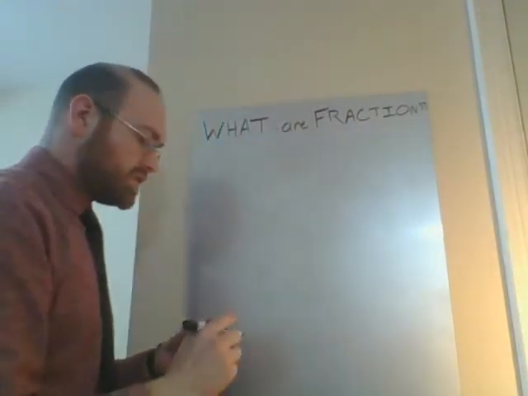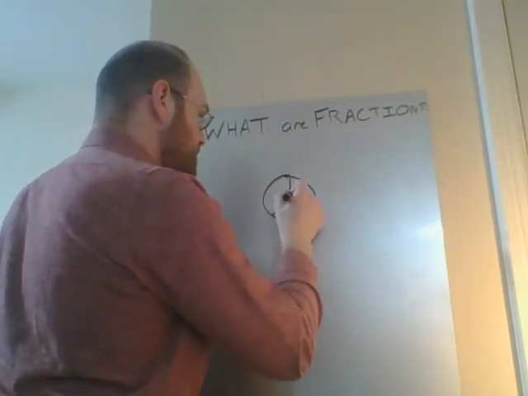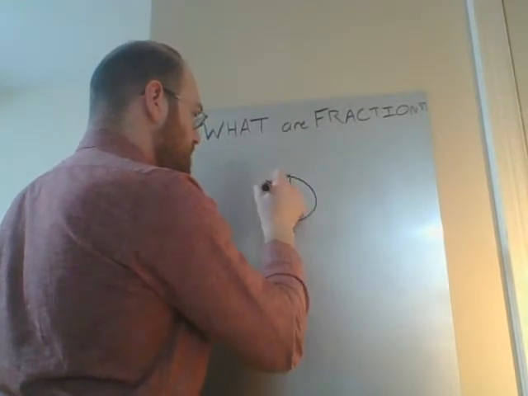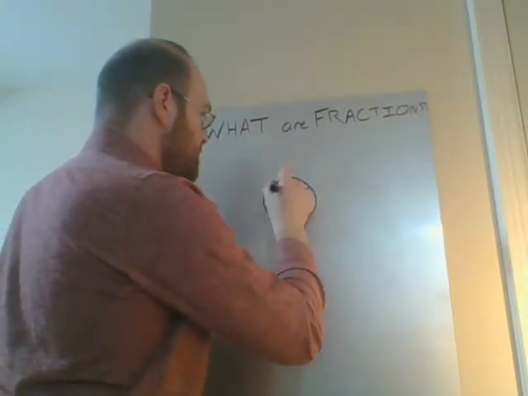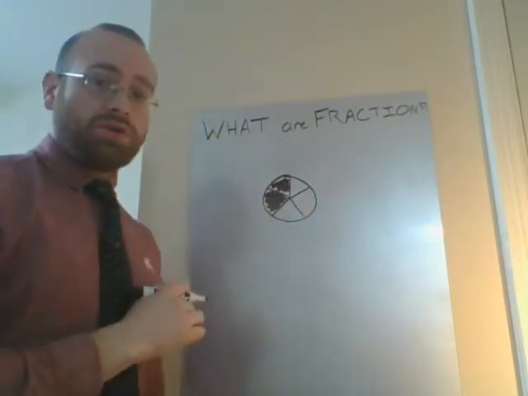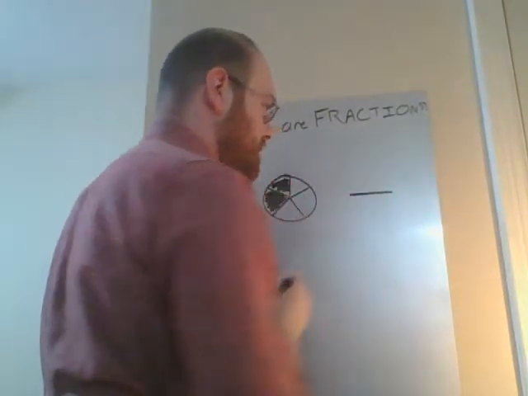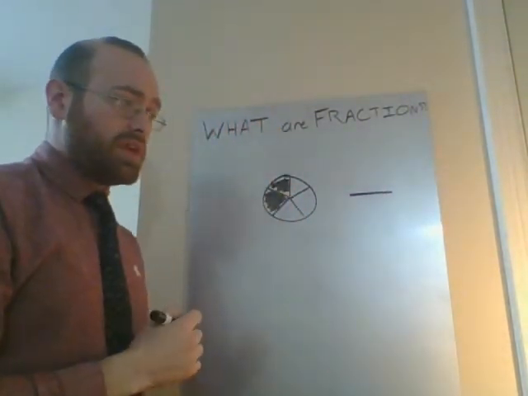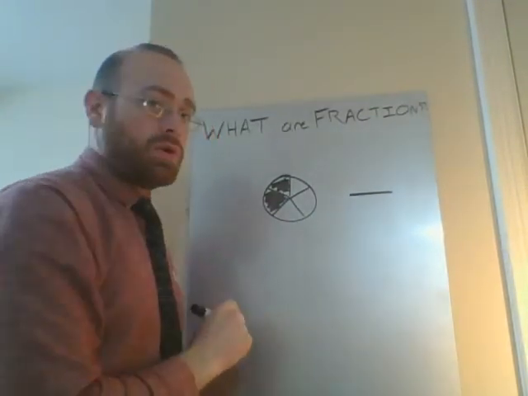So let's go the other way, from a picture to a fraction. So this one's going to start with a circle. And let's say this circle is divided into this many pieces, and this many are shaded in. So to create a fraction, we first need to know what our fraction bar is. And the number on the bottom is how many pieces in the whole.